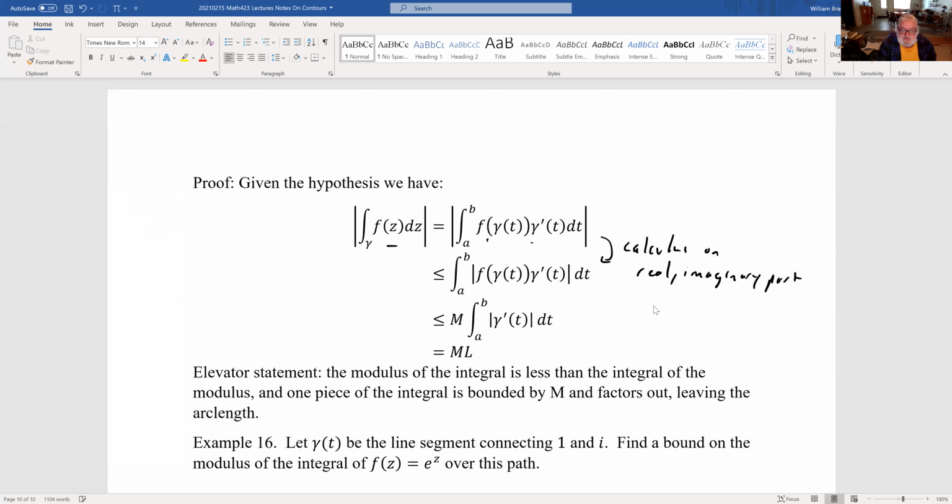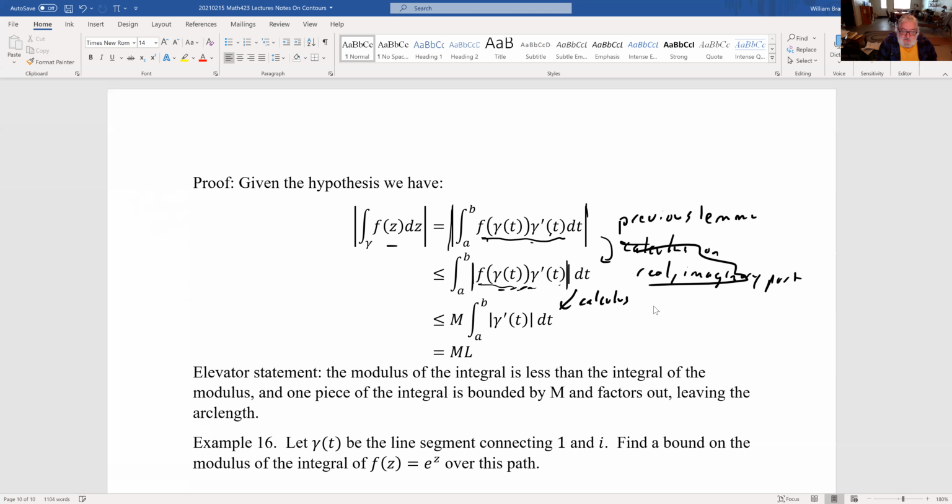we can get that that's less than or equal to, oh, sorry. This is where we use the previous lemma that we showed above, right? We have a function integral with respect to dt. That means that the modulus can come inside. And now we're just integrating a real valued function because that's a modulus. And so now this is just the calculus part.